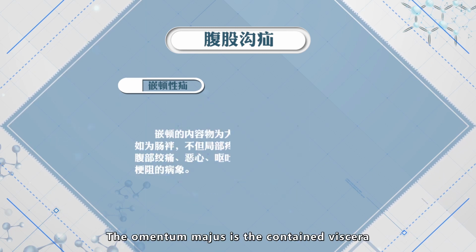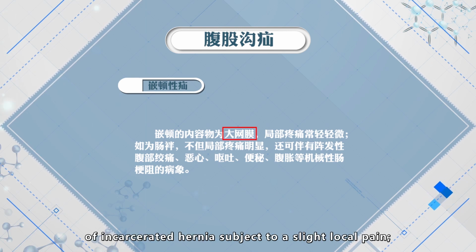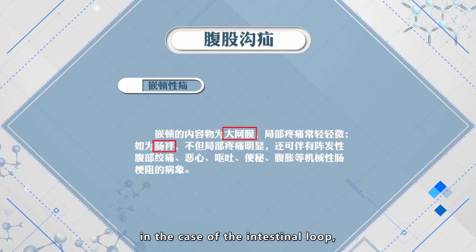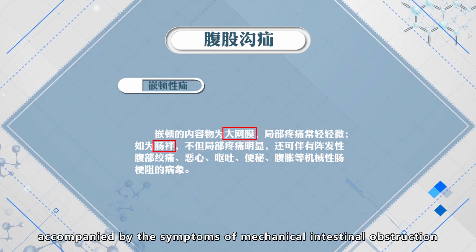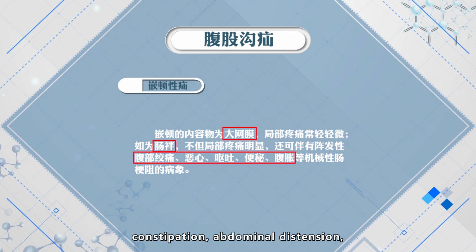When the omentum majus is the contained viscera of an incarcerated hernia, there is only slight local pain. In the case of the intestinal loop, the local pain would be intense, accompanied by the symptoms of mechanical intestinal obstruction, like paroxysmal abdominal colic, nausea, emesis, constipation and abdominal distension.